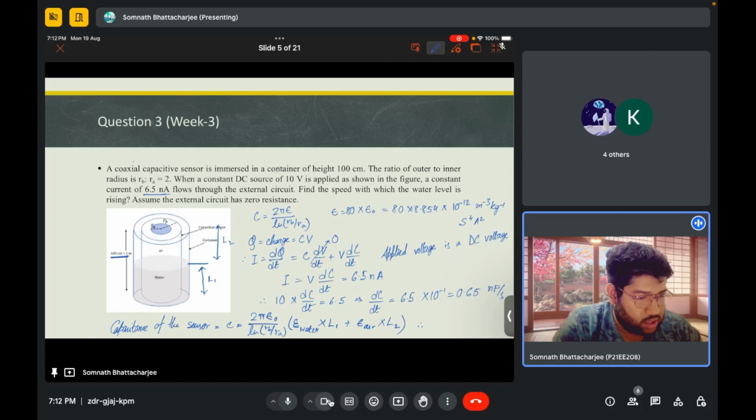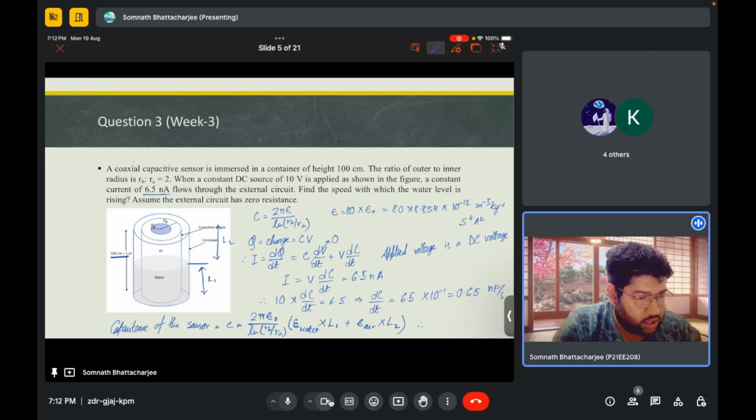From this equation, we calculated dC/dt equals 80.22 into 10 to the power minus 12 into 80 minus 1 into dL1/dt, the change in the length of the water level.